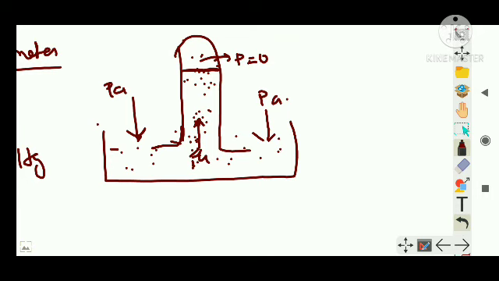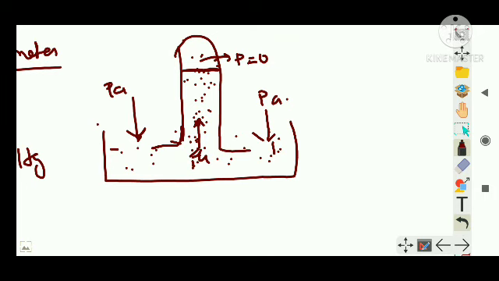So what happens? The mercury level inside the tube increases, whereas the trough's mercury level decreases. And the increase in the level will say how much pressure has been exerted by the atmosphere. The pressure exerted is directly proportional to the increase in the mercury column of this tube.